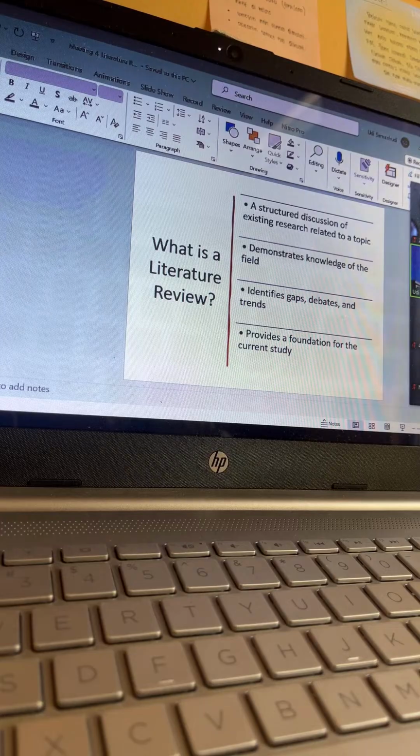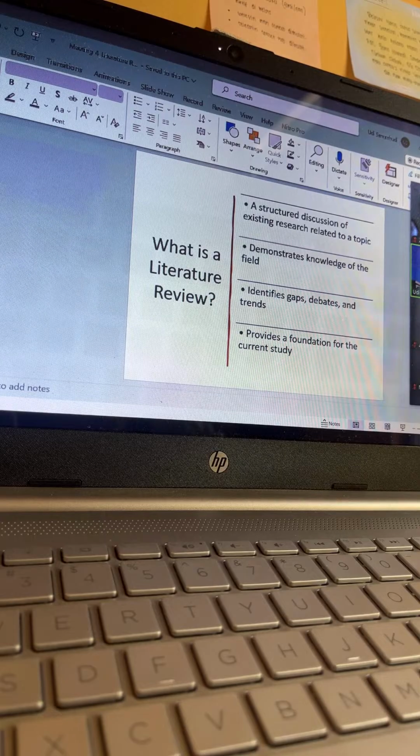For example, if your research topic is about academic writing in English, what you will write in this section would be about what academic writing is, how to write academic writing, and so on. So that's the reason why a literature review section is about you demonstrating your understanding about the topic you are writing.